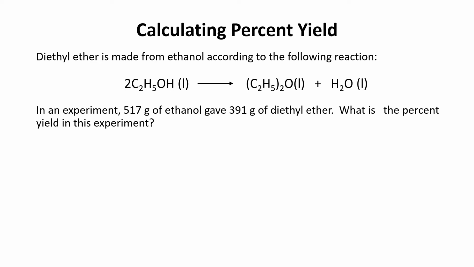Hello there, students. Let's talk about calculating percent yield of a chemical reaction. We saw in the previous video where we were confronted with a situation where we had two reactants in some number of grams and we had to determine which reactant was the limiting reactant, because I can only make as much product as I'm limited by.